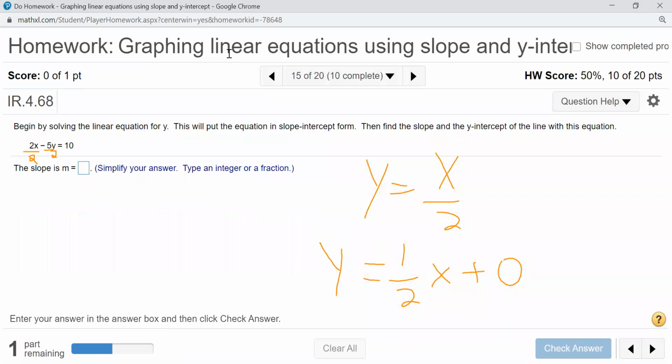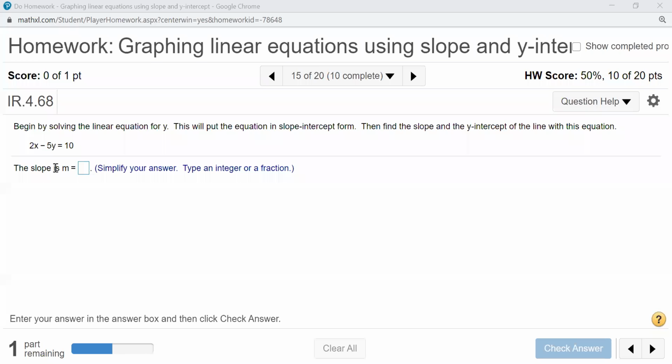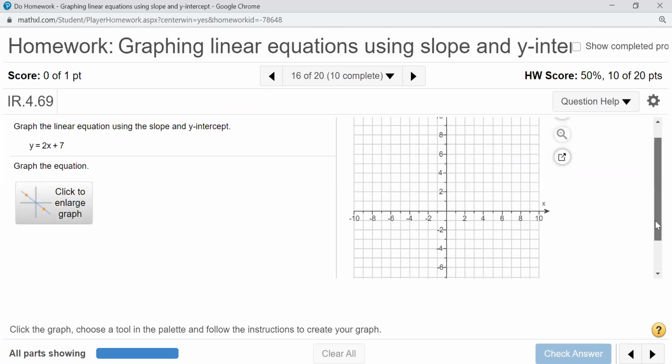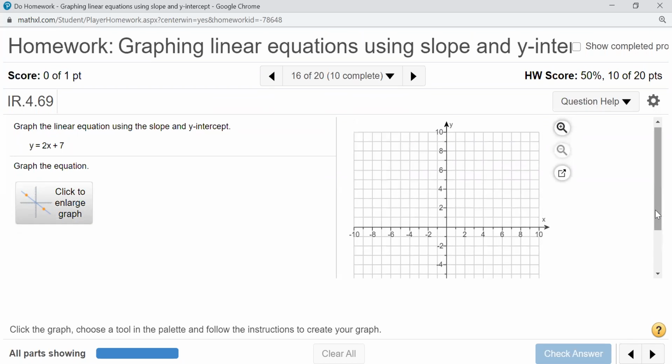Now let's get to some actual graphing. Here we go. Graph the linear equation using slope and y-intercept. So let's identify the slope and y-intercept.